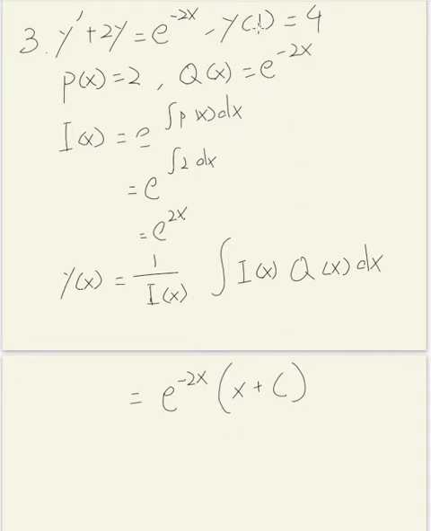Now we plug in the initial condition to find the particular solution. y of 1 equals e to the minus 2 times 1 plus c, and this equals 4.